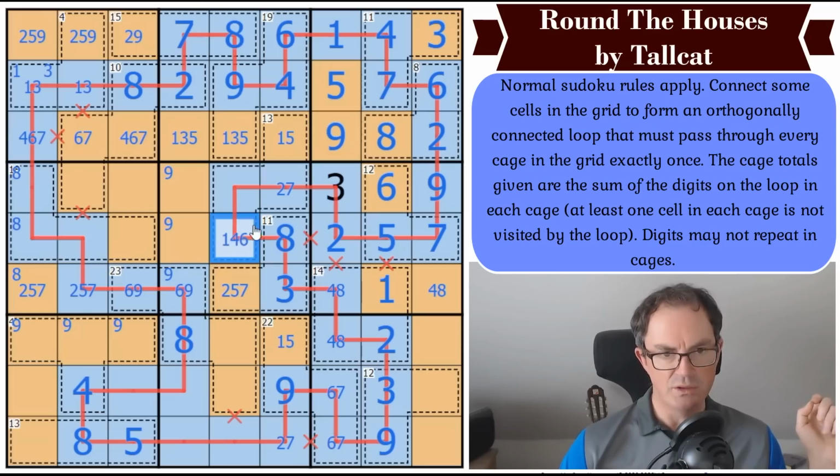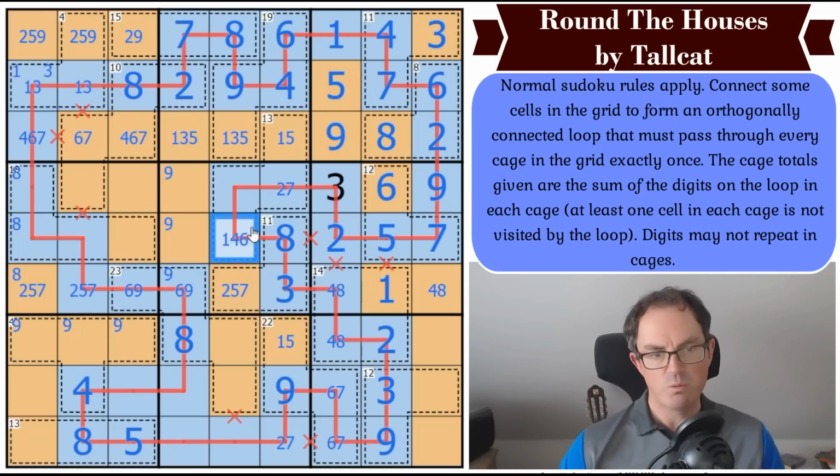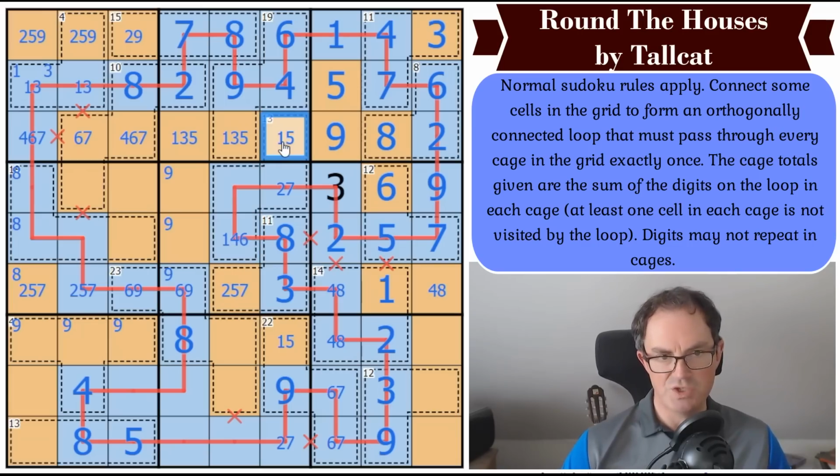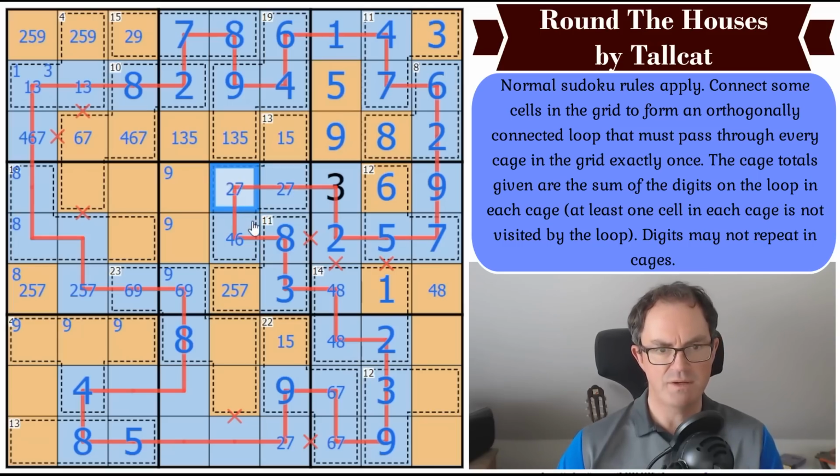If it's 1, these have to add up to 12. This would have to be a 5. That doesn't work. If that's 1 and that's 5, that cell which is in the cage with it has no fill. So if this is 4, these add up to 9, and they couldn't be 3, 6, 4, 5. Oh, they'd have to be 2, 7. So if this is 4, this is 2, 7.